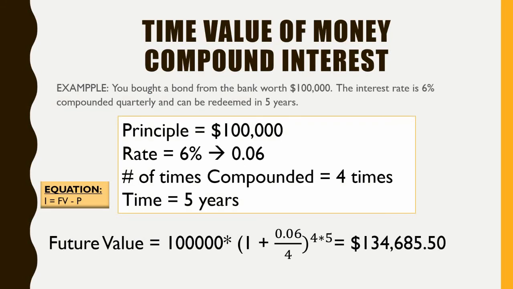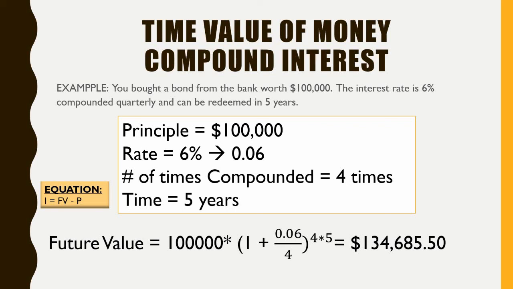And since this is a PowerPoint, I've already done the calculation for you, so this is what it should look like. Once you plug it in, you should get a total of $134,685.50. So in this case, compounding gave you $4,000 more than you did for simple interest.